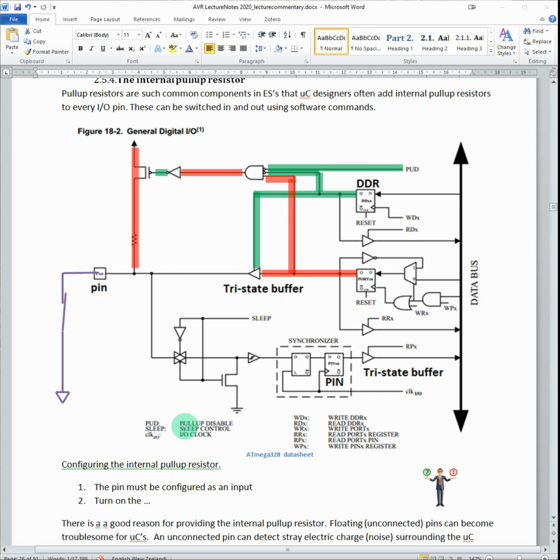We can actually disable all the pull-up resistors in the microcontroller if we want to, just by setting that bit in one of the registers. If that's low, and that's high, then we will activate the pull-up resistor. So that's how that works.